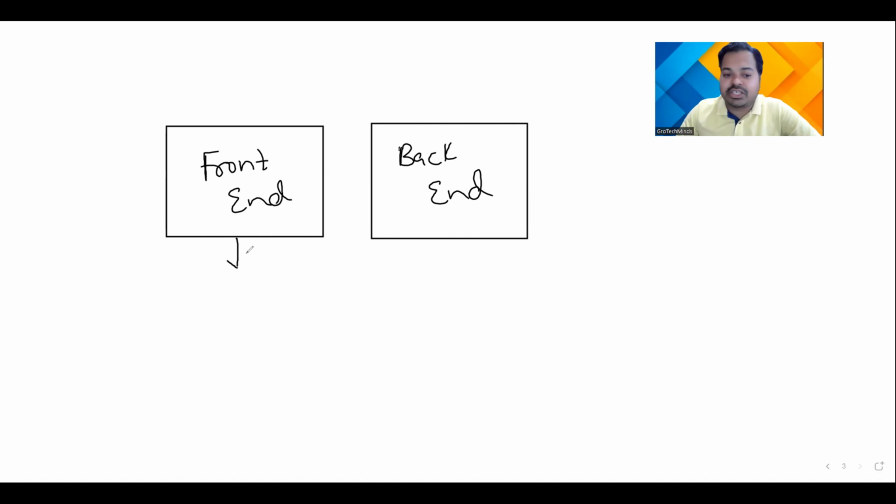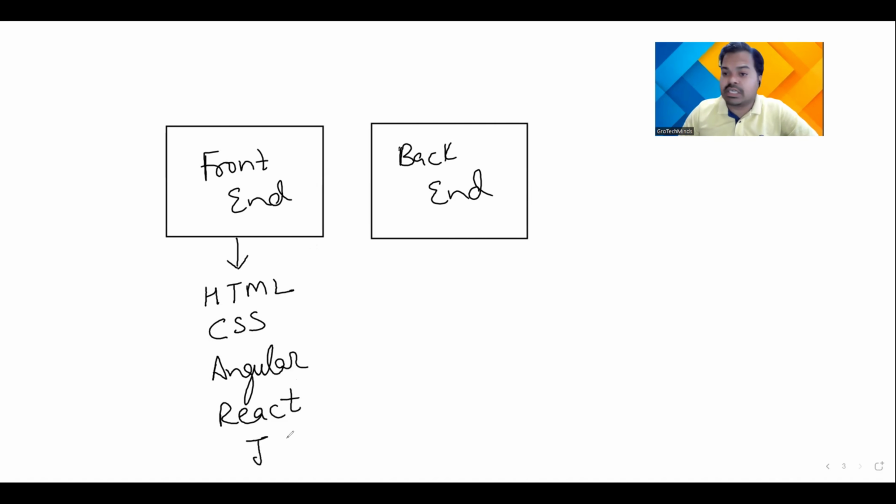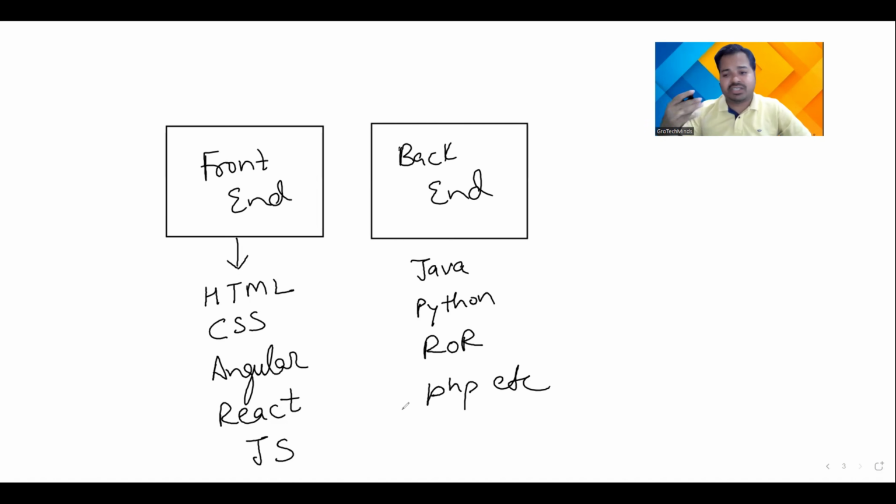Any application's front end can be made with languages like HTML, CSS, Angular, React, JavaScript, and the backend can be made with various languages like Java, Python, ROR, which means Ruby on Rails, PHP, etc. C#, C++, C, those are backend.